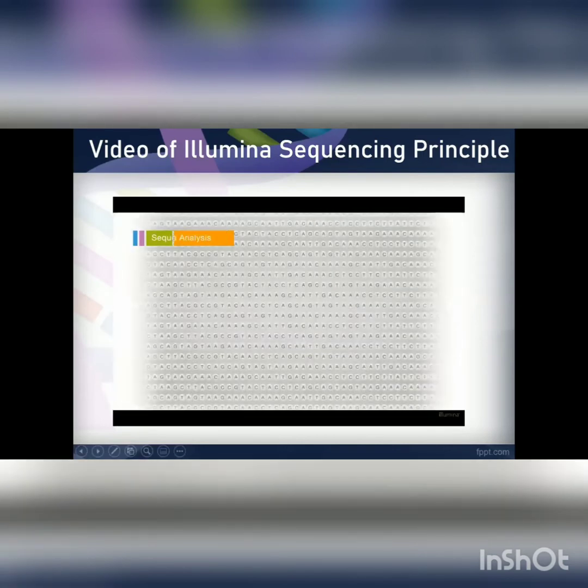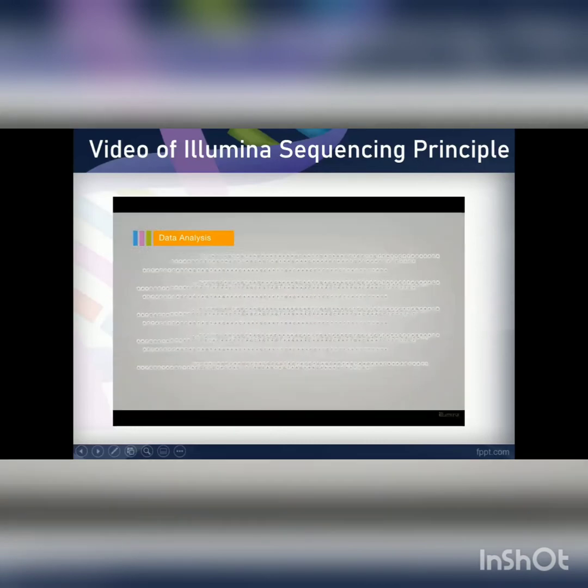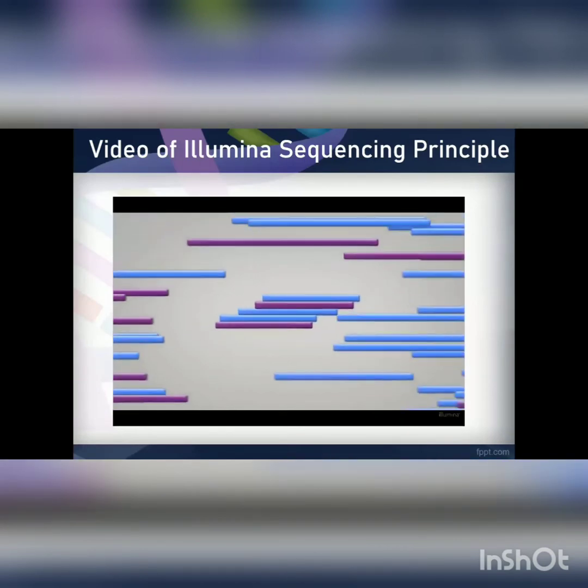This entire process generates millions of reads, representing all the fragments. Sequences from pooled sample libraries are separated based on the unique indices introduced during the sample preparation. For each sample, reads with similar stretches of base calls are locally clustered. Forward and reverse reads are paired, creating contiguous sequences.